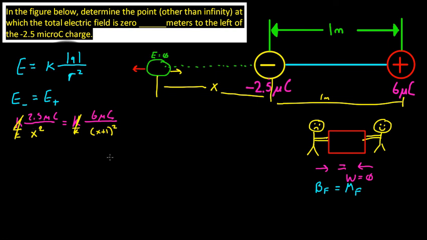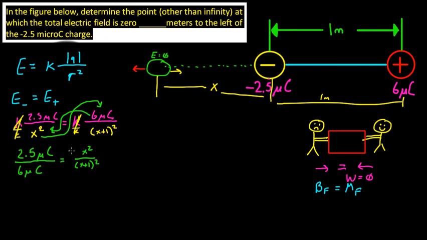Then we rearrange: we take this 6 and throw it down here, and we take this x squared and put it up here. So 2.5 microcoulombs over 6 microcoulombs gives us x squared over x plus 1 squared.